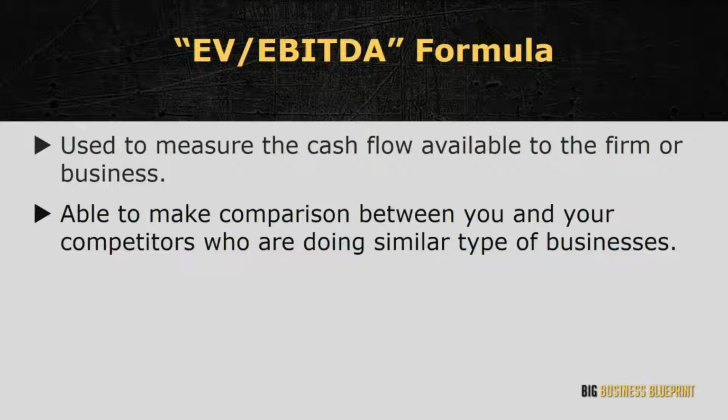All multiples act as a single number that analysts can multiply by some financial metric to determine the relative value or worth. With the EV over EBITDA formula, you'll be able to make comparison between you and your competitors who are doing similar types of business.